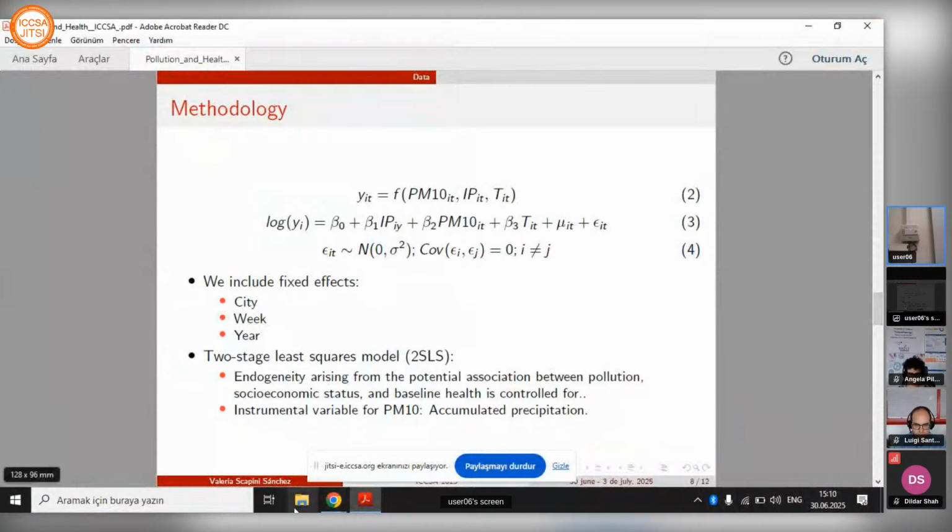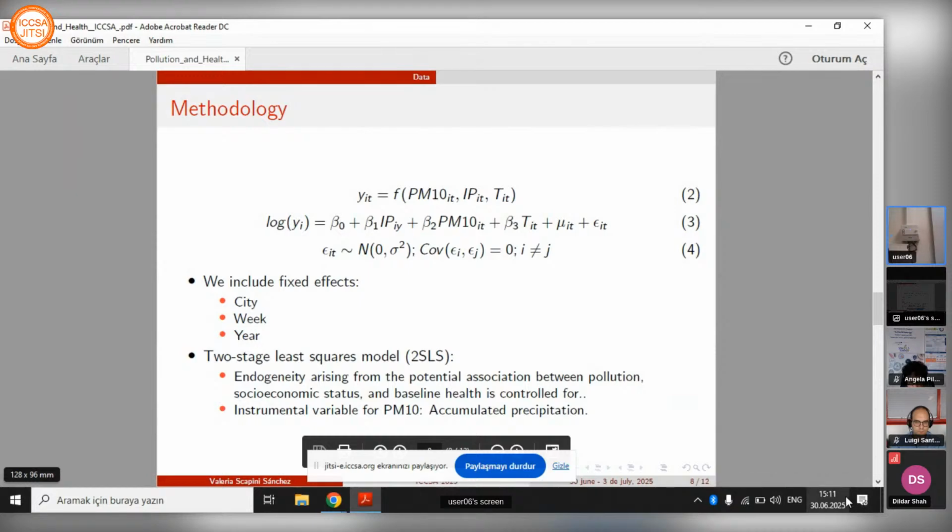The second model is 2SLS, because we think that the first model has endogeneity, because pollution is related to poor people, and poor people is related with health outcomes.